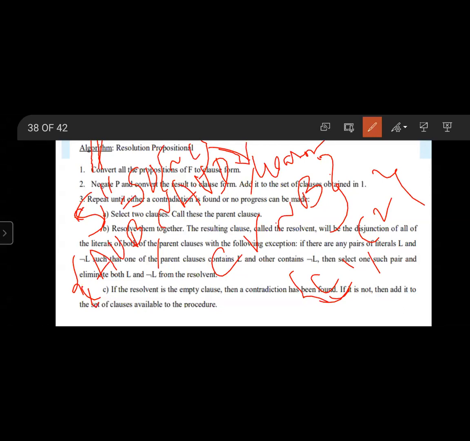That is, a contradiction or an empty clause is deduced from the set S dash, assuming that initially the set S is satisfiable.